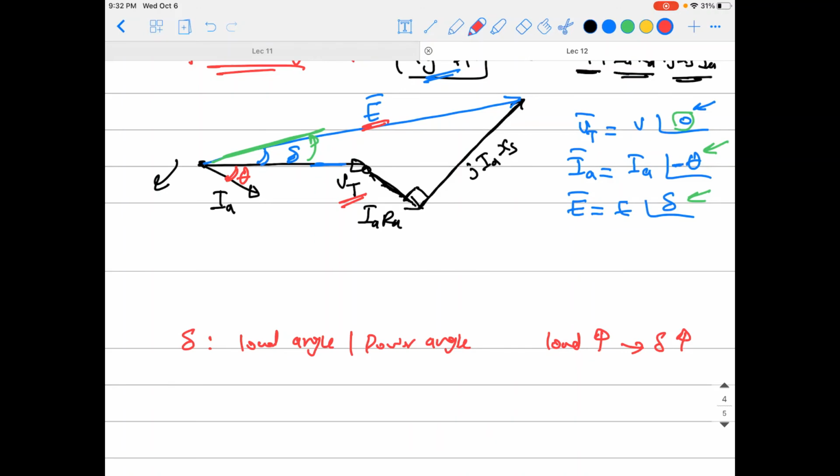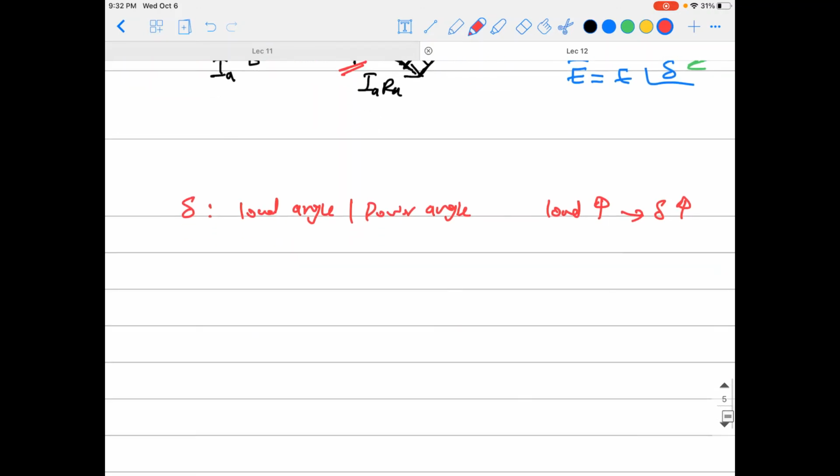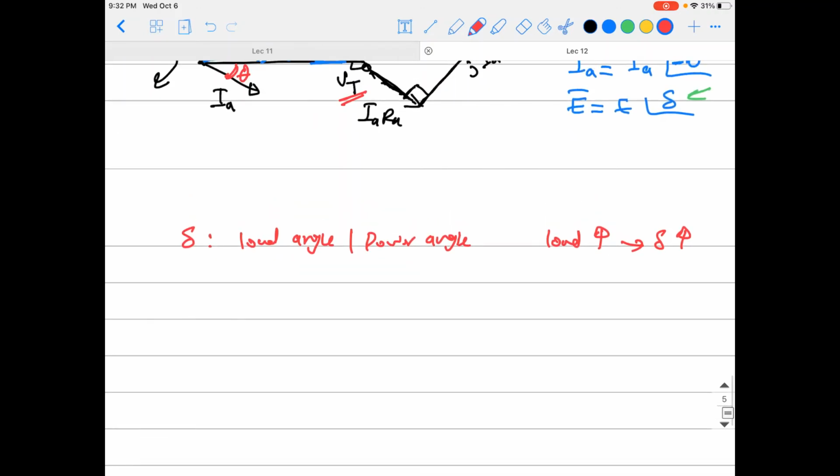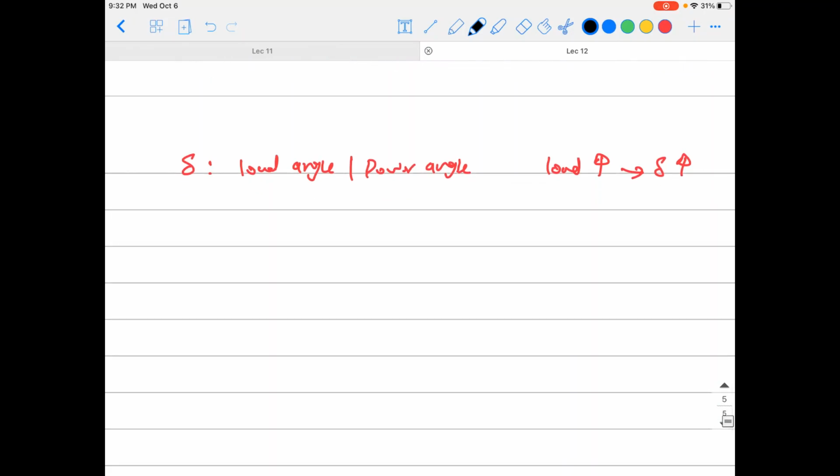And by the way, it also has a physical meaning. How is that? Bear with me for a second, that's very important. Remember when we talked about the rotor here? The rotor has a north pole and a south pole like that.